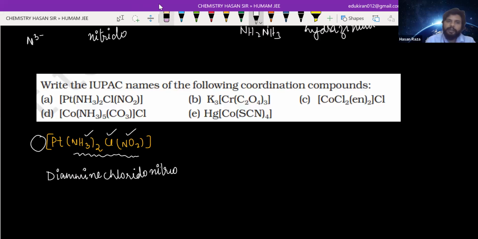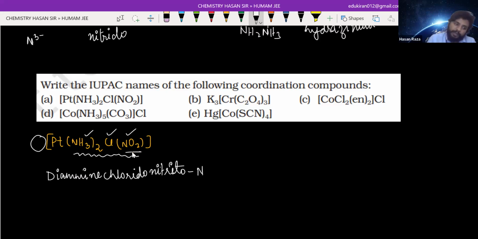It is very important to recognize this is an ambidentate ligand. Ambidentate means two donor sites, but it can use only one at a time.